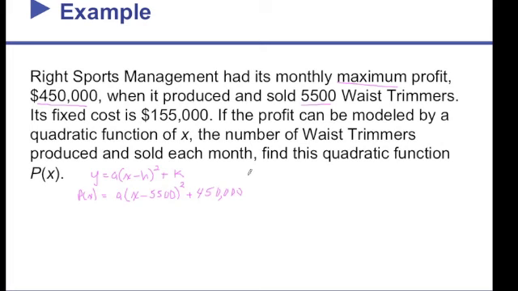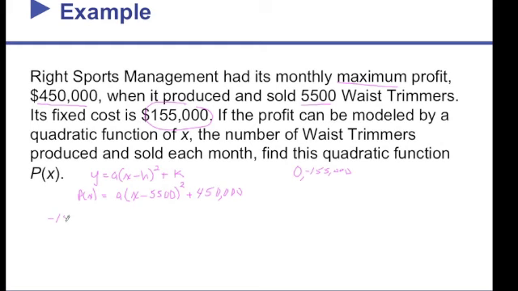Now, we know that this fixed cost means even if we sold 0 things, we'd have to pay that $155,000. So let's fill in those values. We will still have to pay that. In terms of profit, that's a loss.